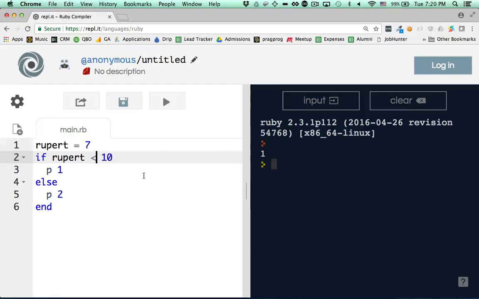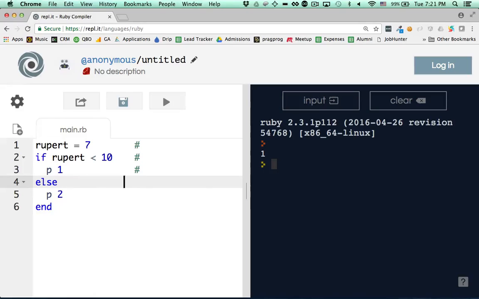Would Ruby stop at 3 and not read 5 and 6? Yeah, good question. So Josh is asking, how does Ruby process this? Let's go through this line by line. In this example, it processes line 1, processes line 2 to check the condition. Since in this case Rupert is less than 10, it processes line 3.